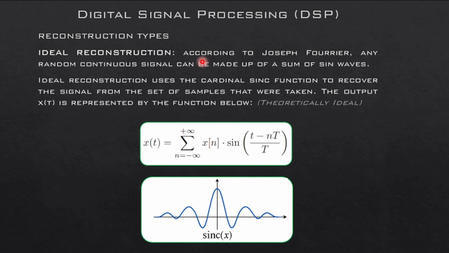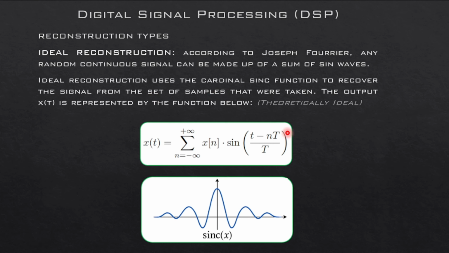Now we get to how the reconstruction would be. Ideal reconstruction was based on Joseph Fourier, who stated that any random continuous signal can be made up of a sum of sine waves or cosine waves, the same thing. So ideal reconstruction uses the cardinal sine (sinc) function to recover the signal from the set of samples that were taken.